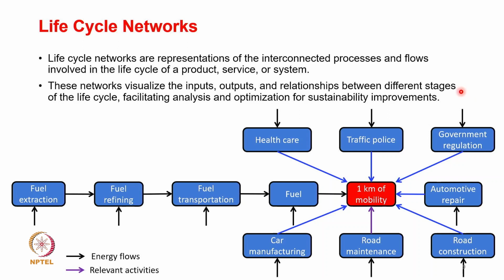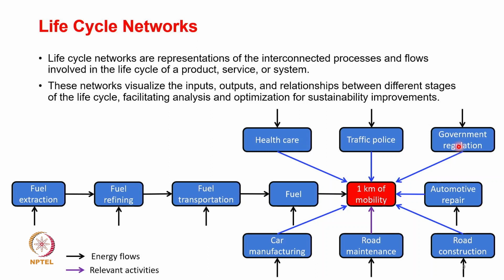Life cycle networks are representations of interconnected processes and flows involved in the life cycle of a product, service, or system. When you talk about a product, for instance a heat exchanger, and we are planning to design a heat exchanger, we have to look at what all things are interconnected in the entire cycle of the product and the services that we provide, or the system as a whole.